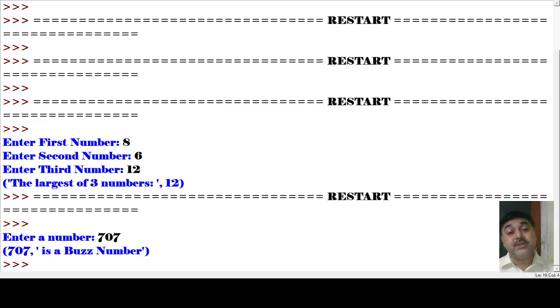If you change this number and give 102, it will show you that 102 is not a bus number, because if divided by 10 it will not give a remainder of 7, and if you divide by 7, some remainder will come, not 0, isn't it?